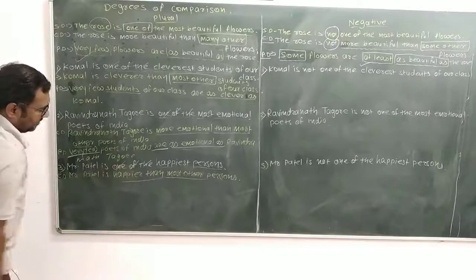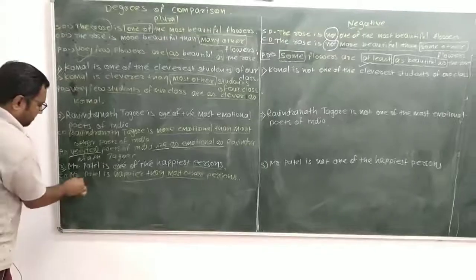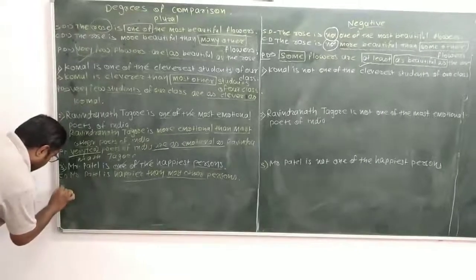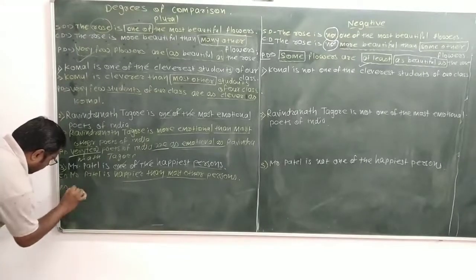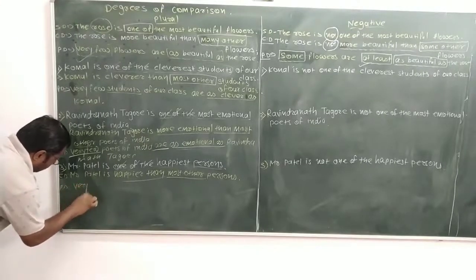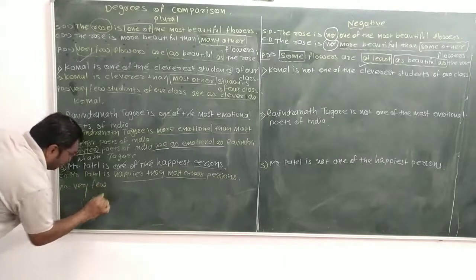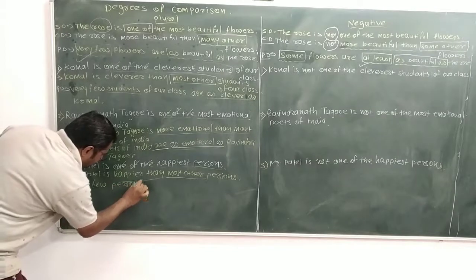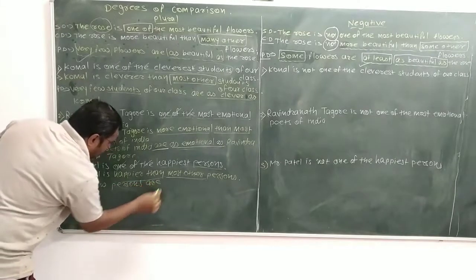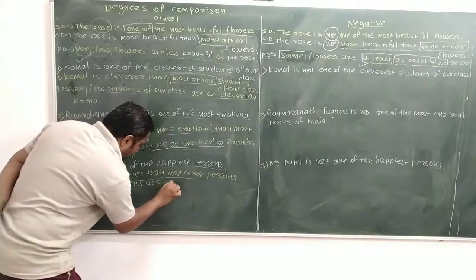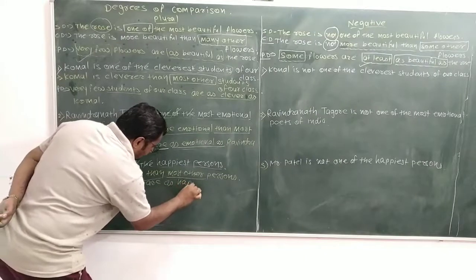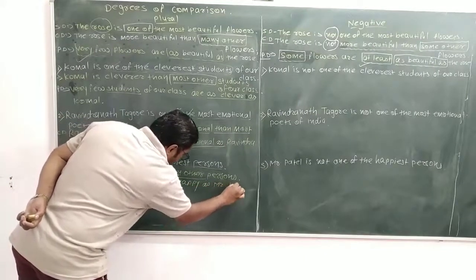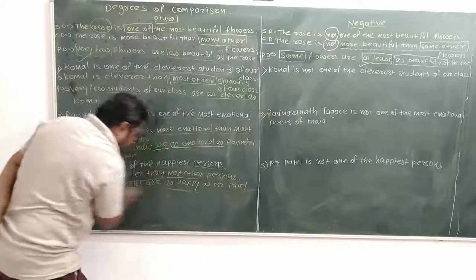Mr. Patel is one of the happiest persons. Mr. Patel is happier than most other persons. And now we try to make positive degree. So first of all, very few persons are as happy as Mr. Patel.